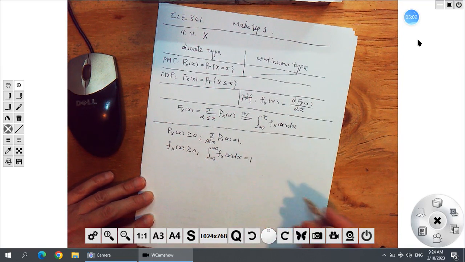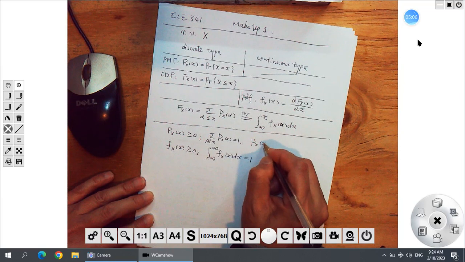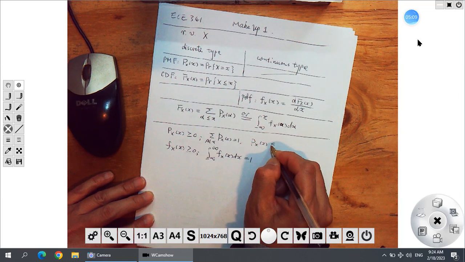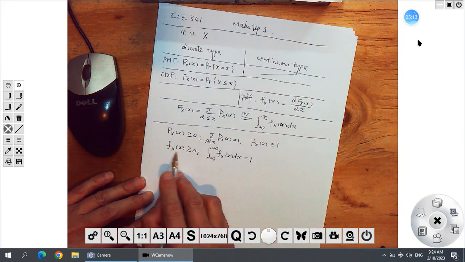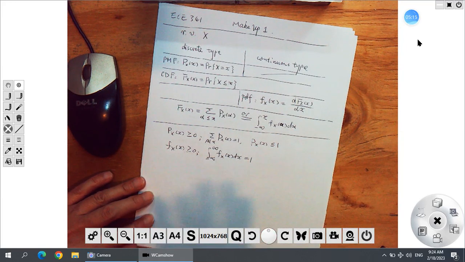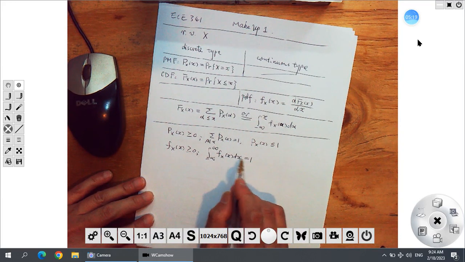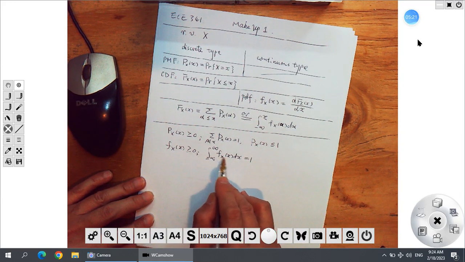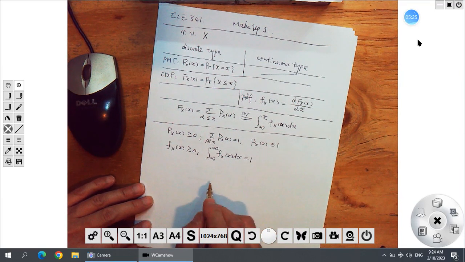One more: Px of x is at most 1, no more than 1. But for PDF, you can have a value larger than 1 because the integration is 1.